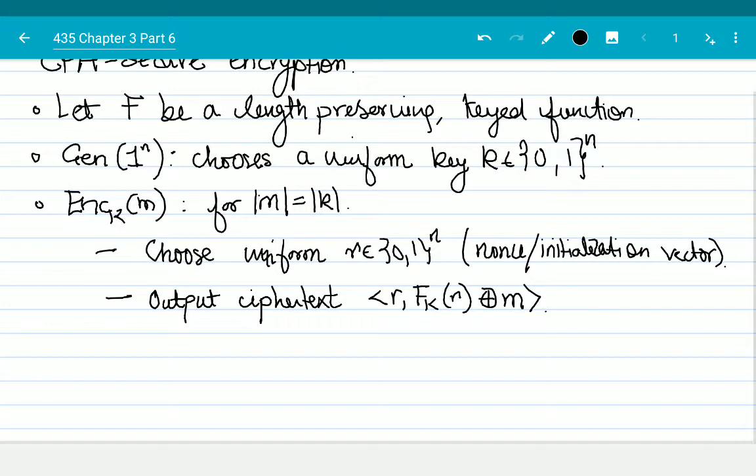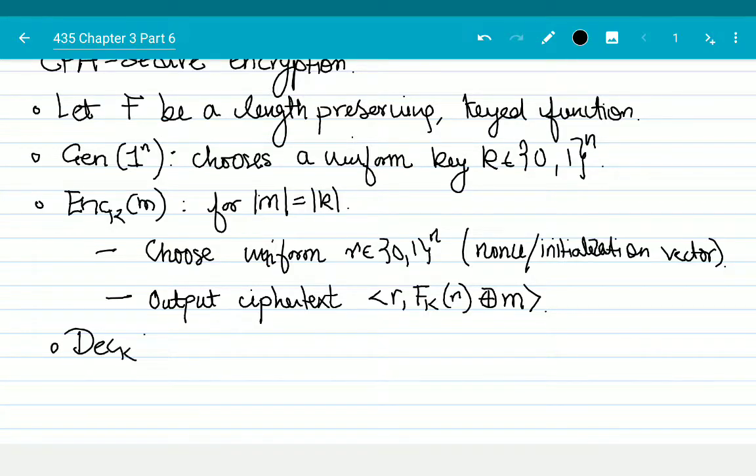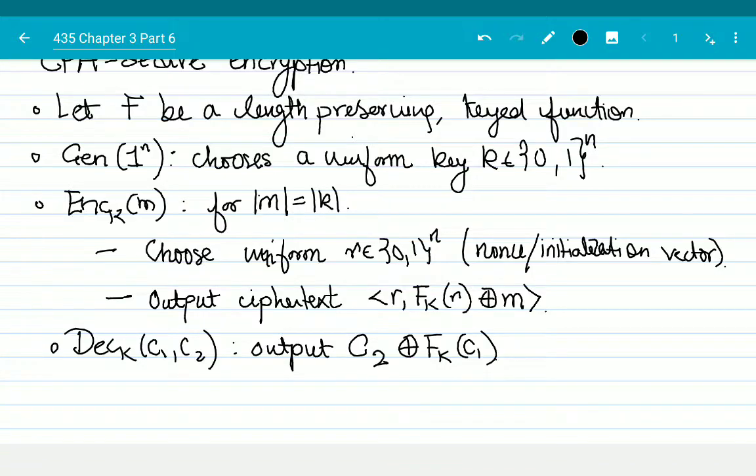How does decryption work? Decryption Dec_k of (c1, c2) gives you the output c2 XOR f_k(c1).